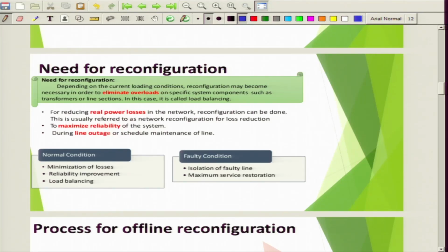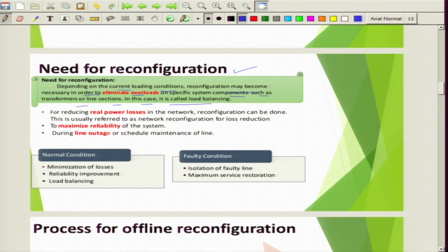So then, the need for reconfiguration. The next study, apart from FLISR, is that there is a need for reconfiguration depending upon the current loading conditions. Reconfiguration may become necessary in order to eliminate overloads on specific system components such as transformers or line sections. In this case it is called load balancing.